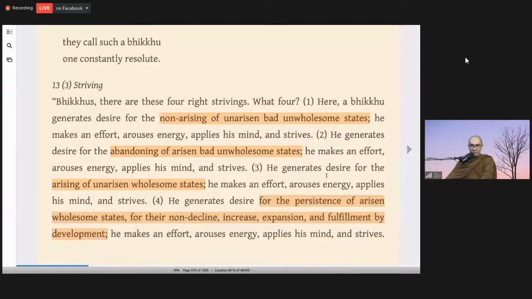For the unarisen, for the abandoning, for the arising, and for the persistence, for the development, the increase and expansion. So this is striving, and this is connected with the four right efforts. Sometimes the four right efforts are in Samma Vayama, but this one is Padhana.